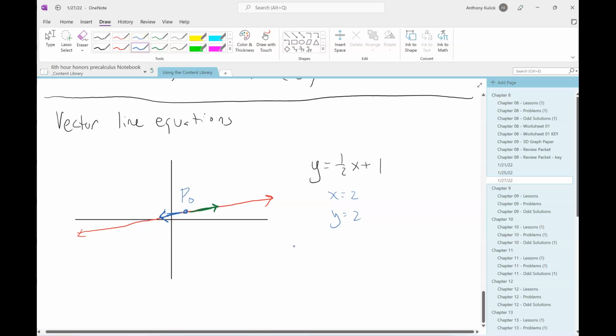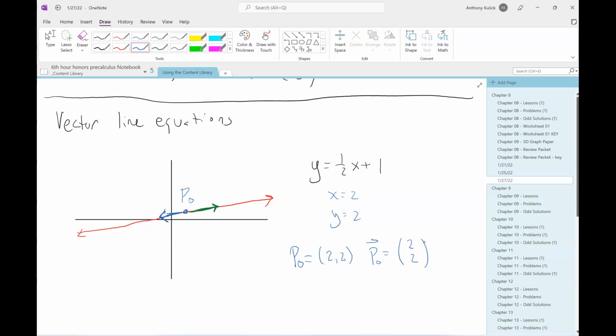So if I have the point 2, 2, that would be analogous to the point vector 2, 2. Oh, big whoop, Mr. Kulik. Yep.